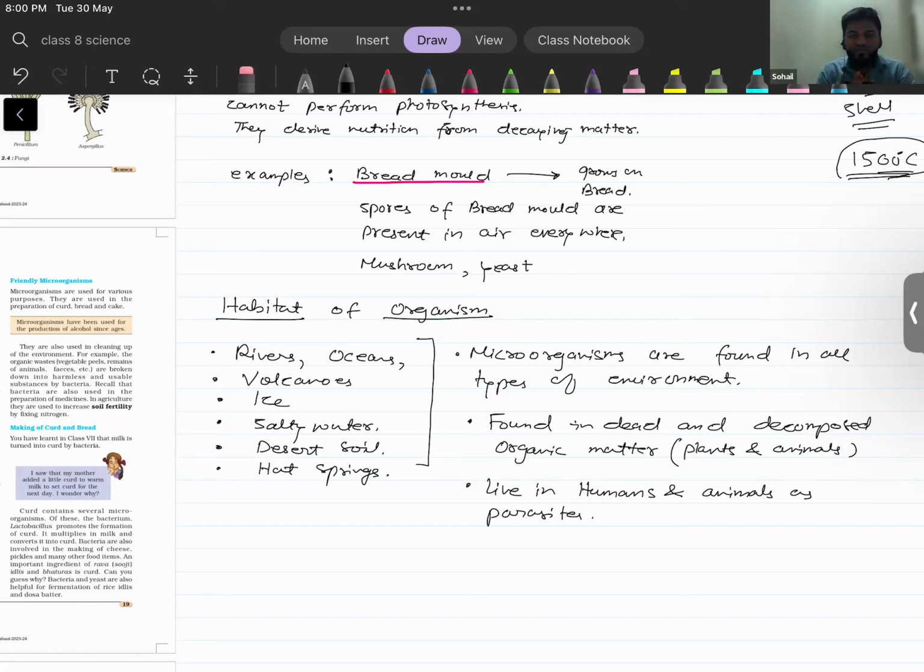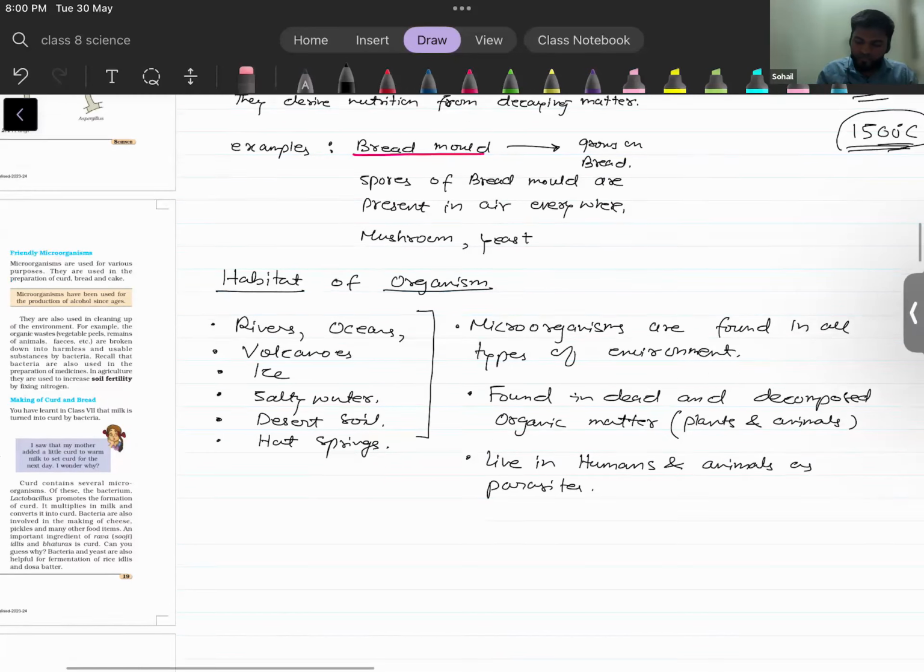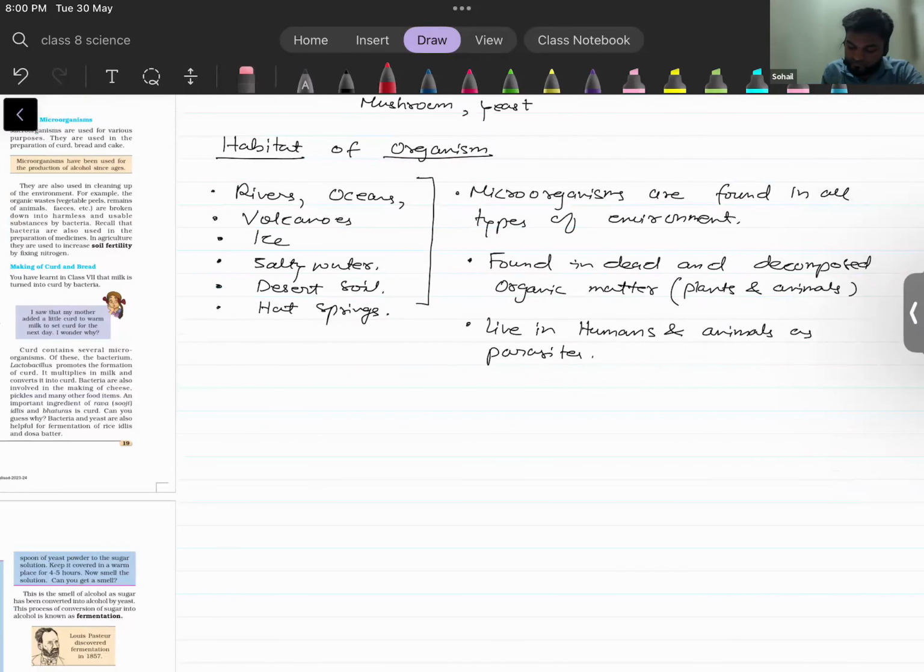Can you name some examples where we actually benefit from microorganisms? Think of some microorganisms which actually benefit us.